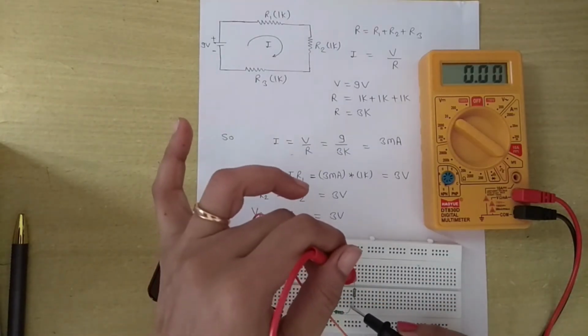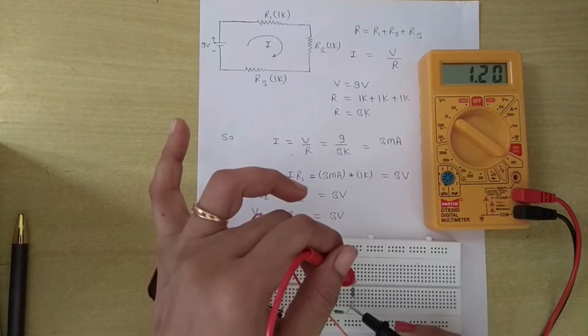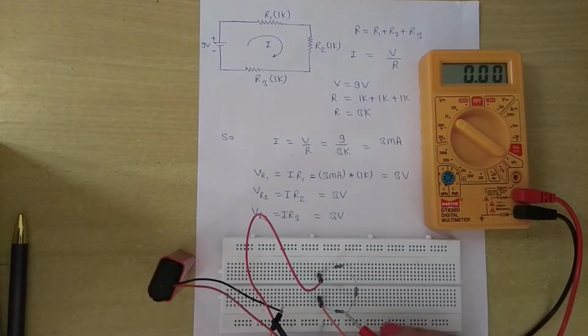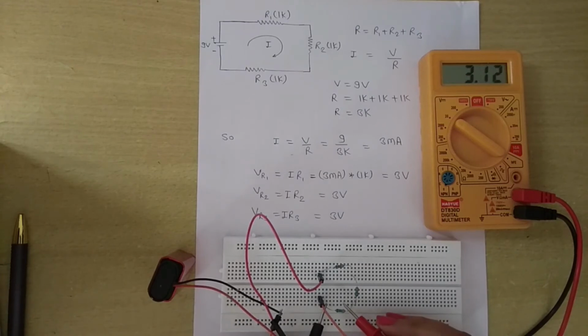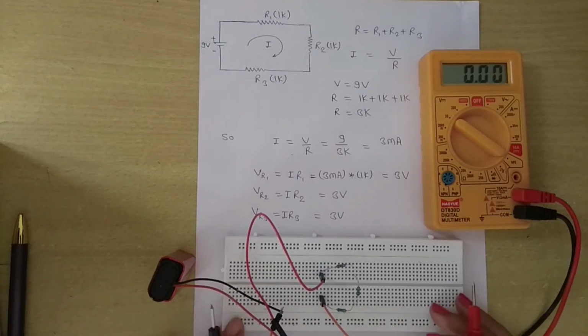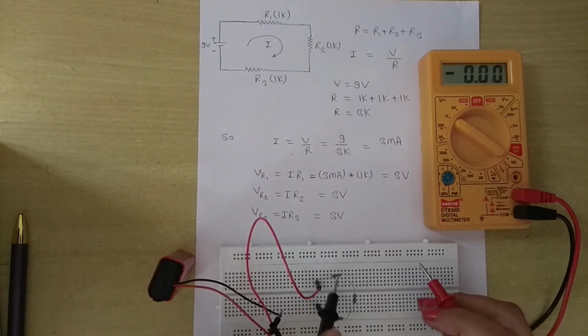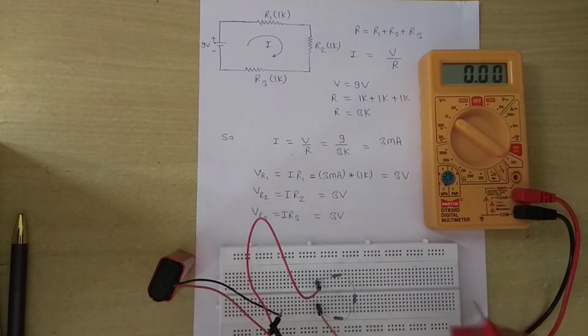Across this resistance, it is coming 3.1 and it is also coming 3.12. This slight variation in voltage is because there is slight variation in resistance value because of the tolerance of the resistance. So we see how we can measure voltage.